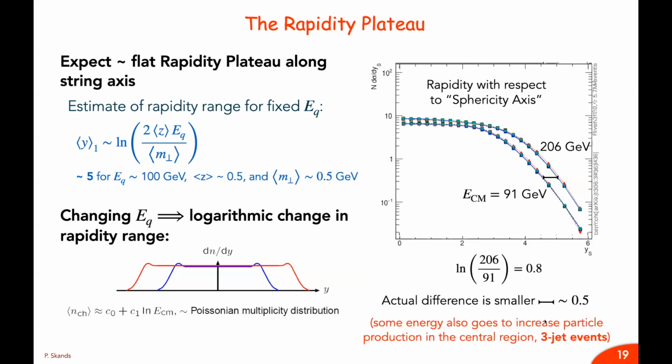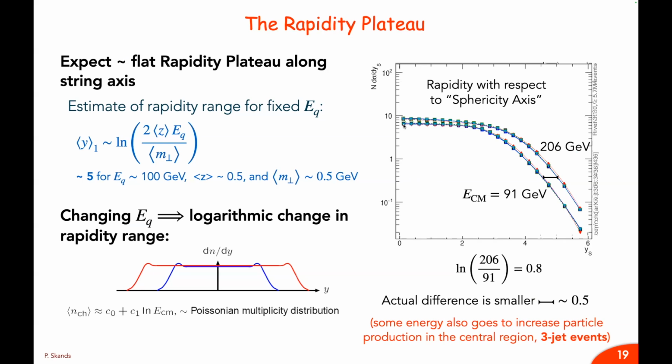So if I change the energy, this is what you can see from LEP 1, 91 GeV, to 206 GeV: the rapidity spectrum gets a little higher, and that's important. That's what you've learned about in the previous lectures, that yes, if I have a higher energy quark, I will also emit more bremsstrahlung. This is not just two quarks that will stretch a longitudinal string between them. There will also be bremsstrahlung. So this additional activity that you get at zero rapidities is because of gluon radiation that increases with the energy of the quark.